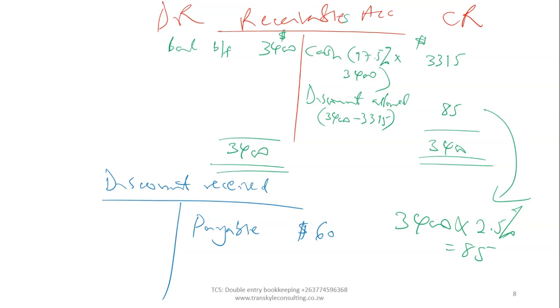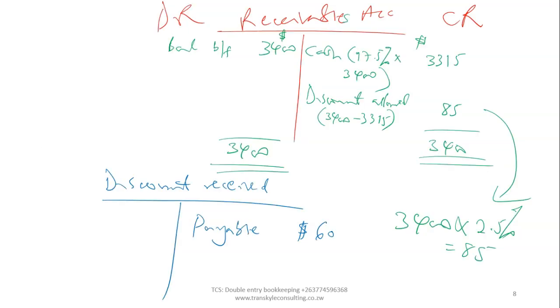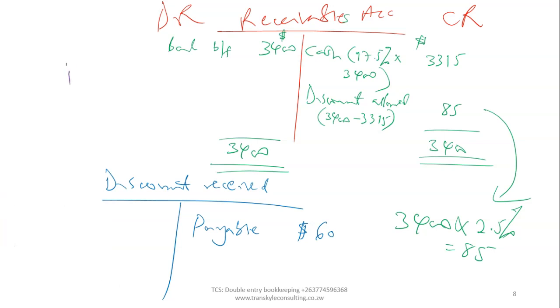Similarly, for the discount allowed, this is an expense, so the discount allowed account should be having a receivable here.